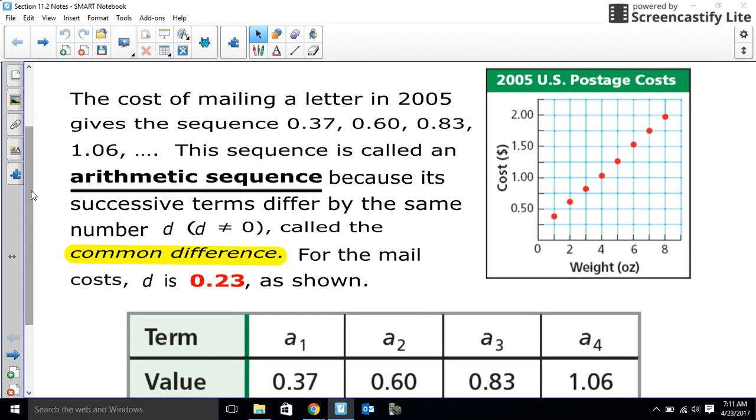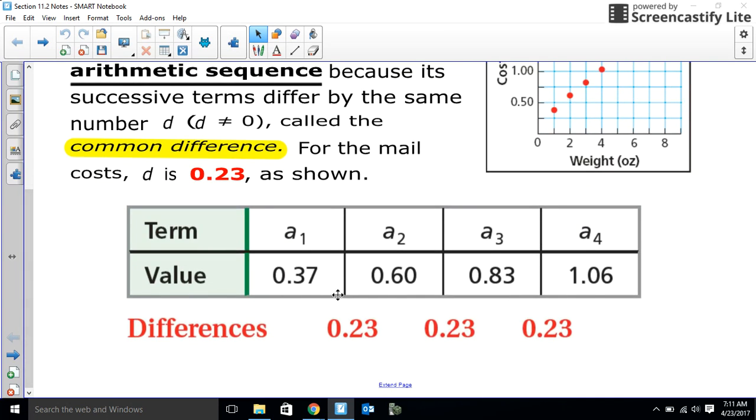This is actually like an application here where you've got postage stamps that cost 23 cents per ounce. So for every ounce that you send in an envelope, it's going to cost an extra 23 cents. Down here, if you notice, here's what you could call a sequence where the first number is 0.37, then 0.60, then 0.83.